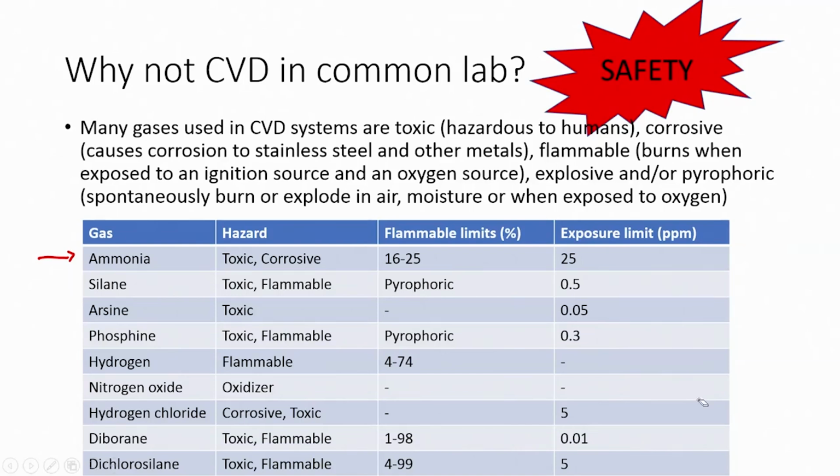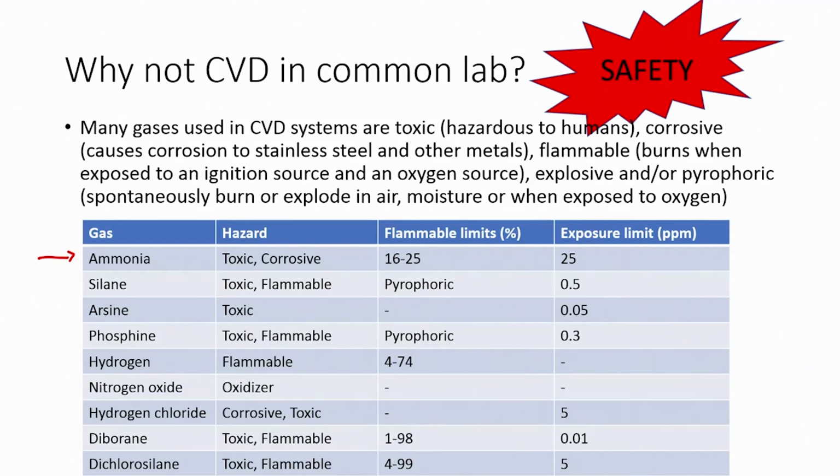Again, you see the flammable limits also; it is pyrophoric when it is silane and phosphine, while hydrogen is between 4 and 74, diborane 198, dichlorosilane about 4 to 99, and most of the gases are either toxic or corrosive or flammable. For example, ammonia and hydrogen chloride are corrosive.